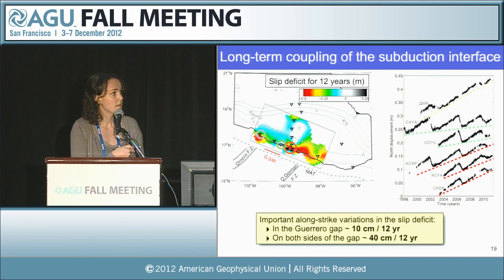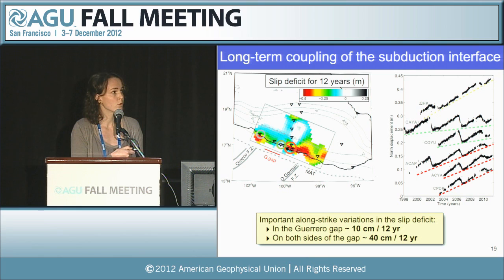And this slip deficit model explains fairly well the GPS time series that we have here. In particular, the dotted lines represent the prediction from this slip deficit model, so it explains well the trend.